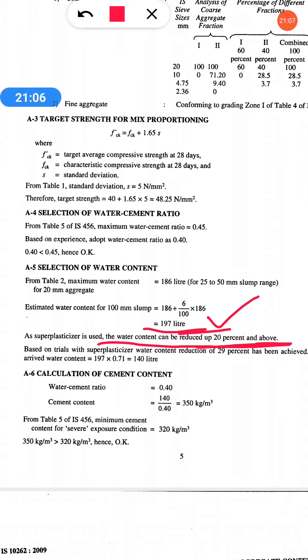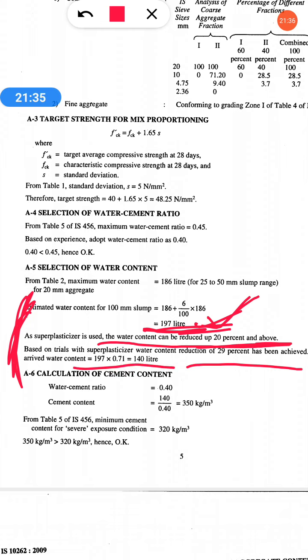In a simple, basic question, you don't need this data, because when you are not using any super plasticizer, this will be the ultimate water content. But here super plasticizer is being used, no. So for super plasticizer you can reduce water up to 20% and above. Based on trial, a super plasticizer water content reduction of 29% has been achieved.